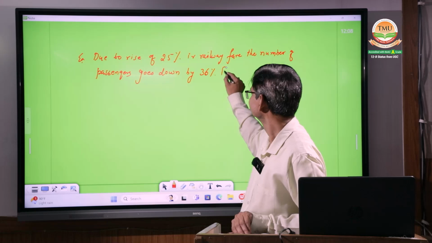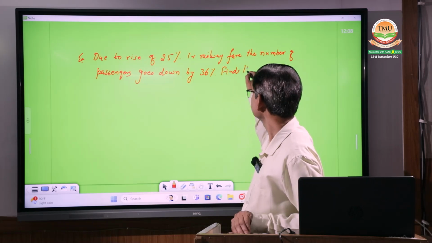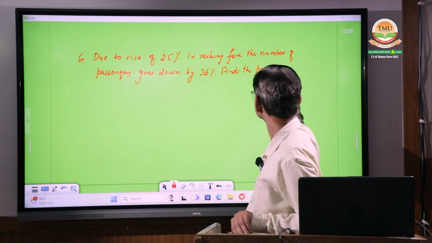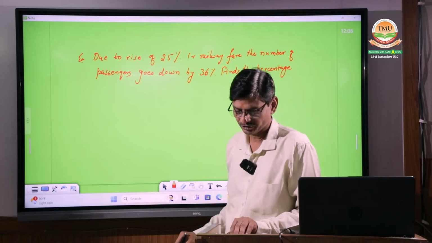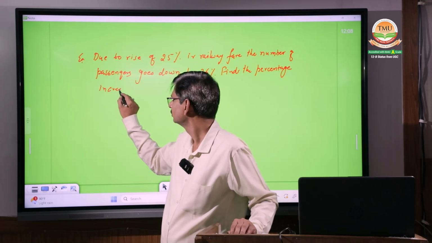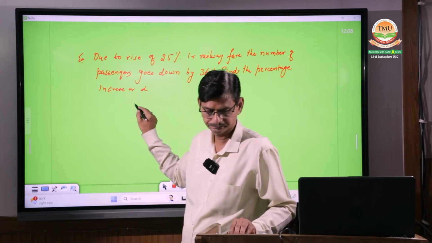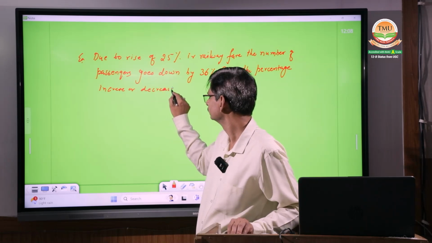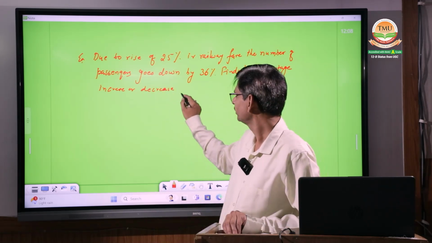Find the percentage increase or decrease in income.